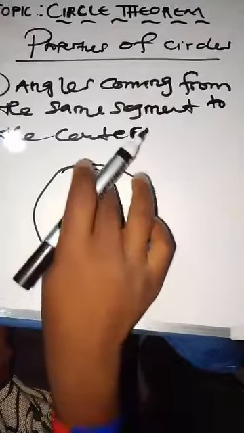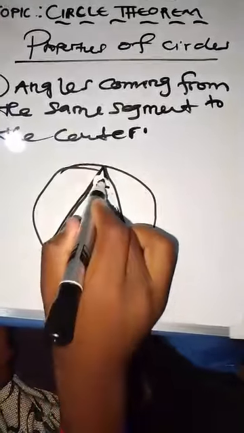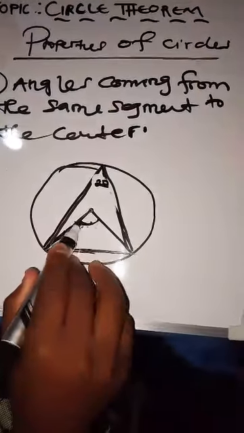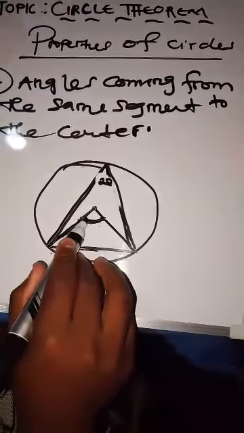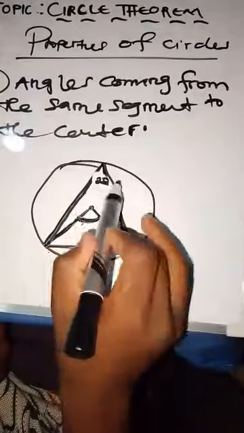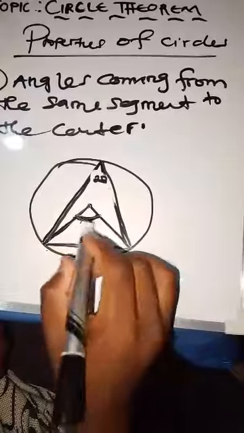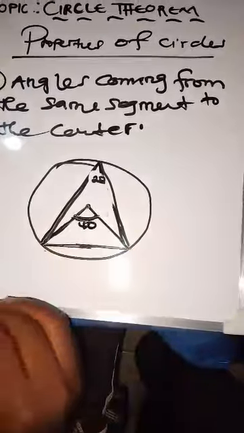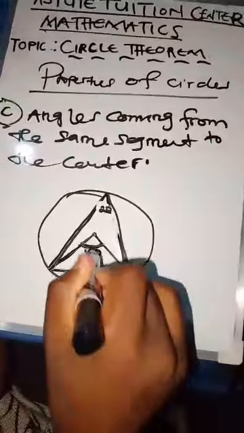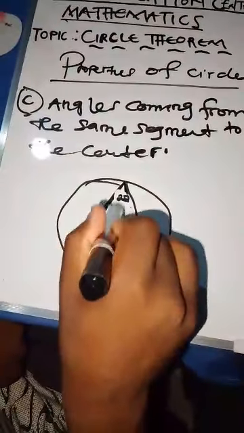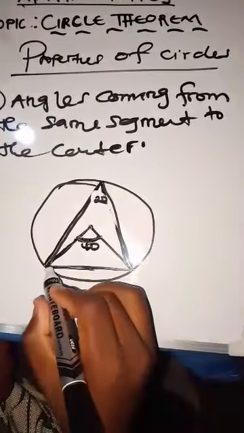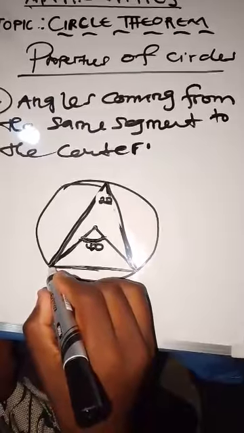So if you have been told that this one is 20, then they tell you to find this one, you just need to multiply 2 times this 20, and then you're going to get 40. So you need to know this one. It is very common. So the angle at the center is twice the size of this one that is here.